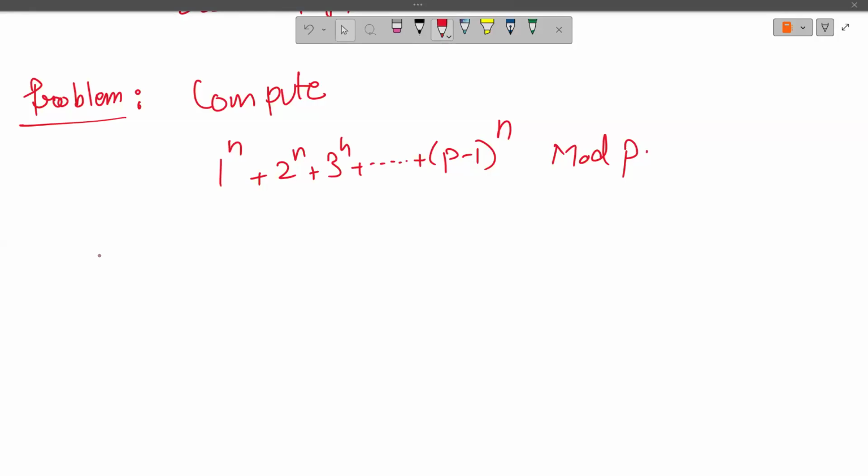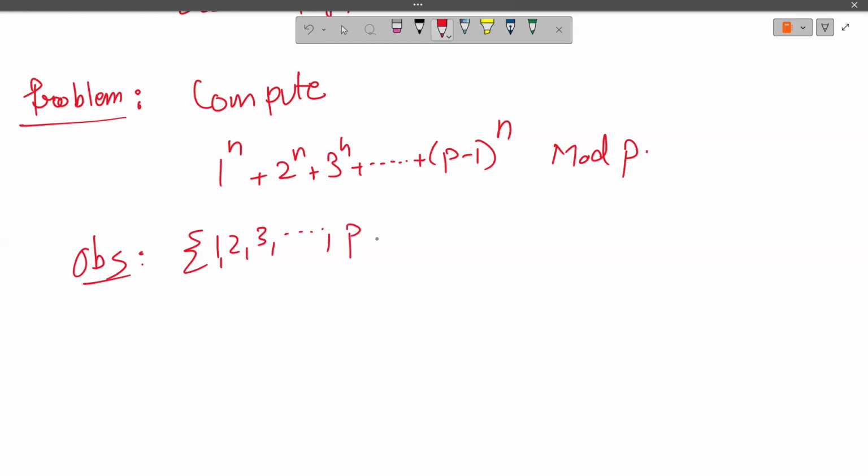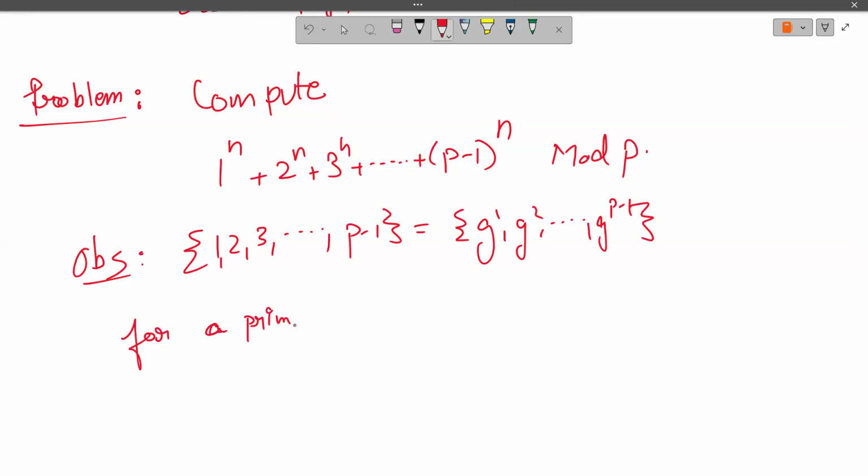Observe that the set 1, 2, up to p minus 1 is the same as the set g, g squared, up to g to the p minus 1, for a primitive root g.